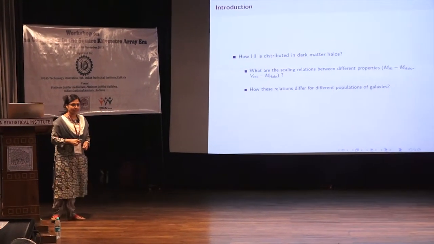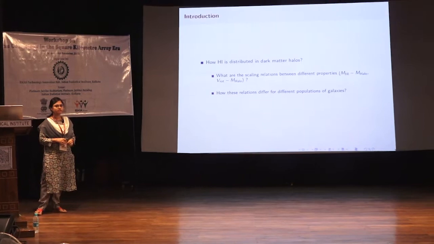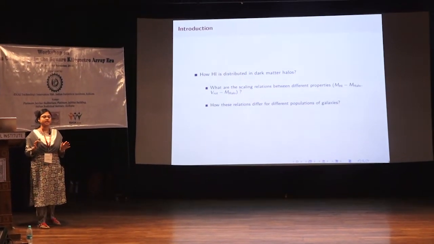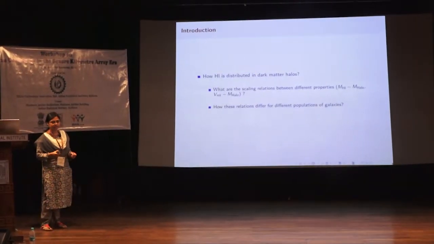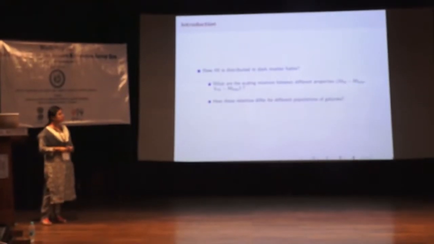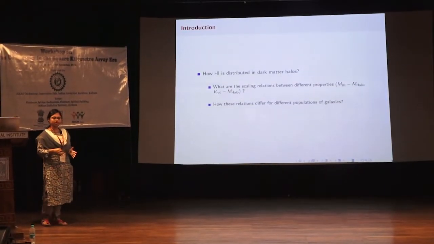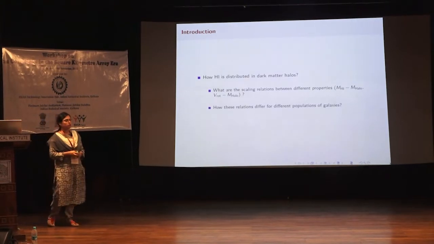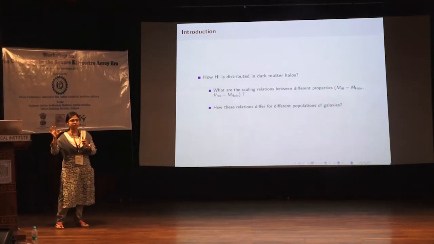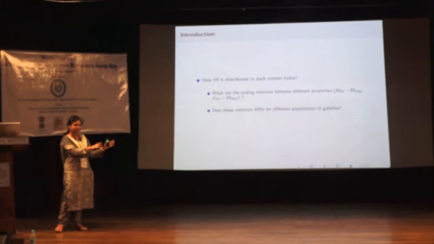So we are convinced enough that neutral hydrogen is an important element to understand our universe. So in this work, what we are trying to do, we have H1 neutral hydrogen, we have galaxies, we have halos.